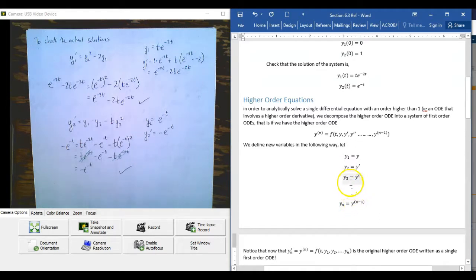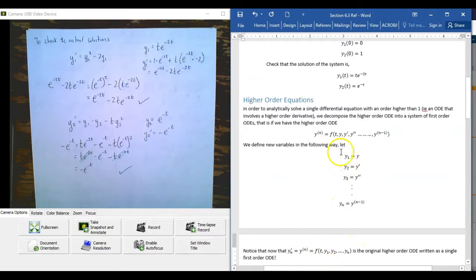So you can see that the subscript is always just one less derivative than what we're getting. So notice now that if we were to take the derivative of this guy, yn, so yn prime is the derivative of this guy, that is equivalent to another derivative, the nth derivative, which is the original problem here.